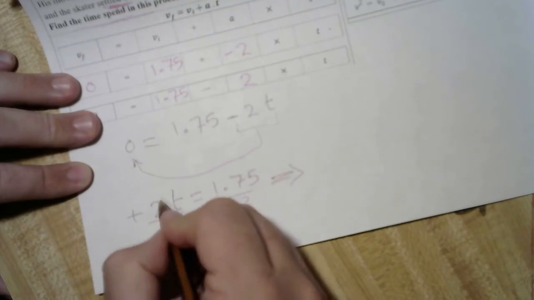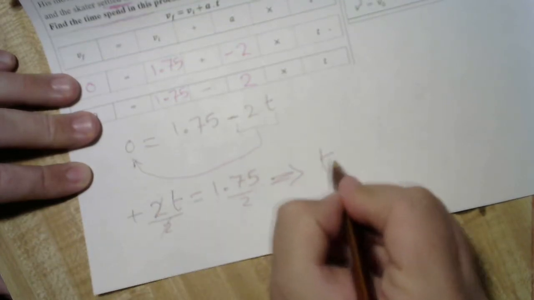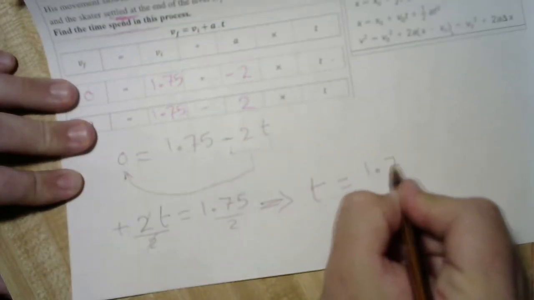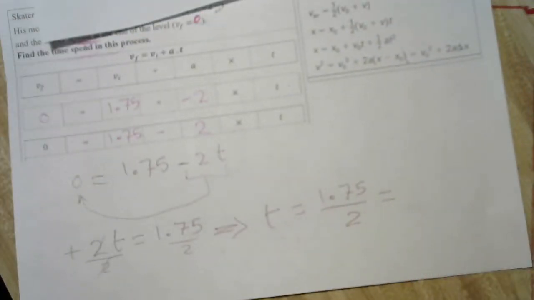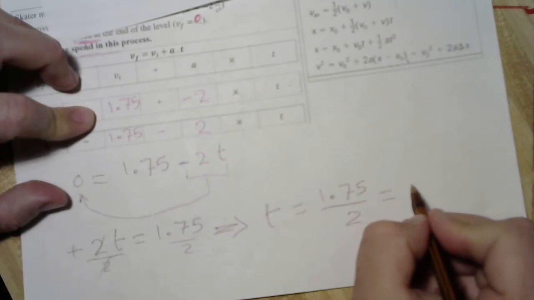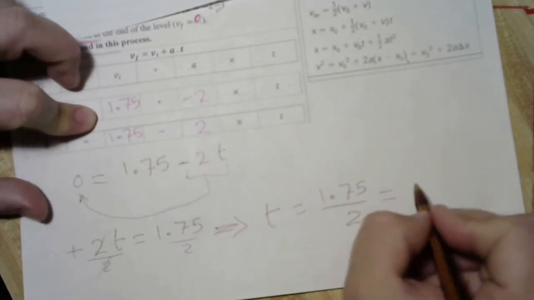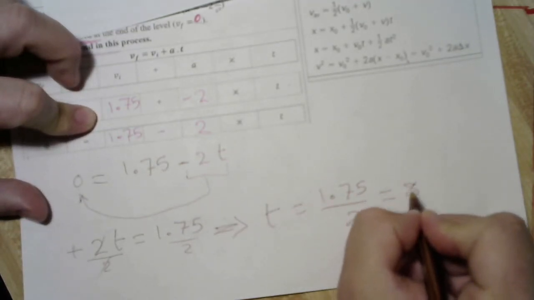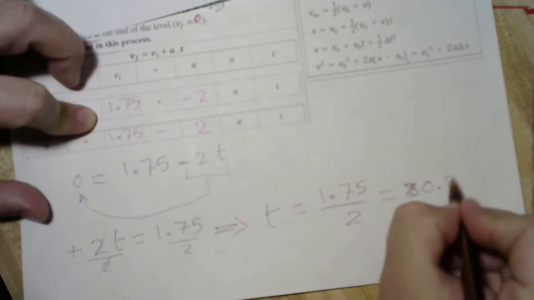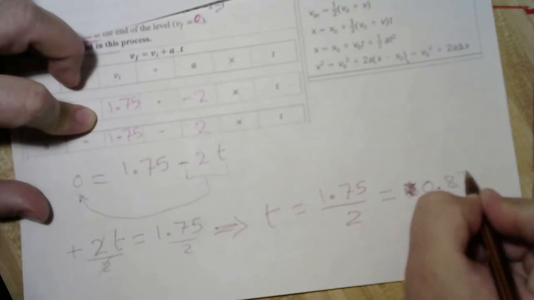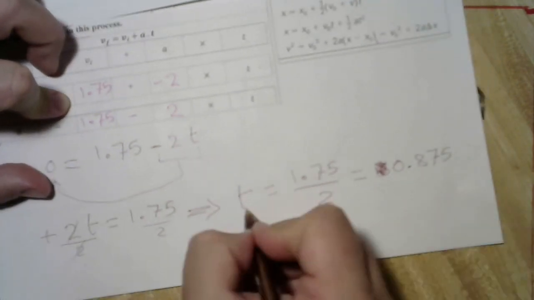From that I can find T is equal to 1.75 over 2, which is equal to half. I will compute it, which is equal to 0.875, time in seconds.